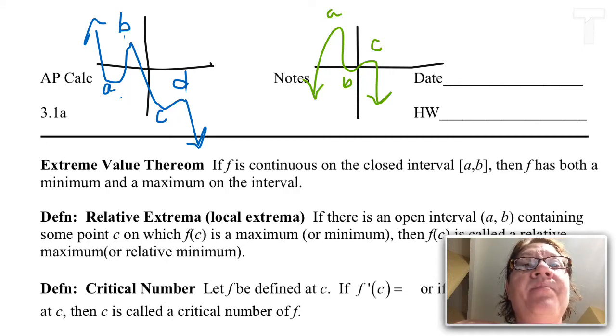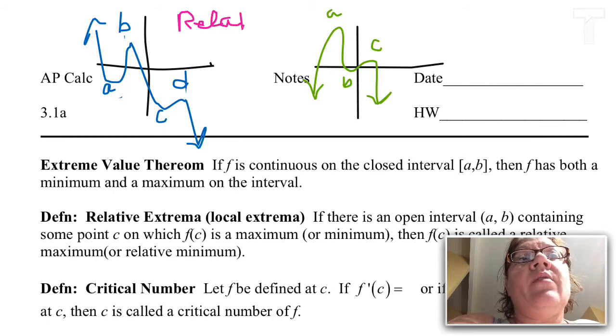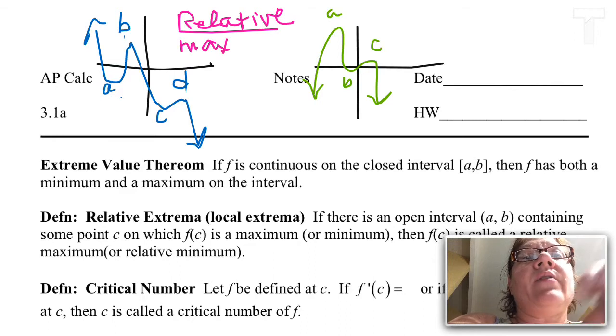I know I am. So before we start talking about what's going to be our main topic in chapter 3, which is maximums and minimums, I wanted to just refresh your memory on what they look like on a graph. So if you look at the graph that I created in the upper left with the blue, you'll notice that I have some relative maximums and relative minimums, because if I ask you for the absolute max, of course it keeps going forever, so there really isn't one.